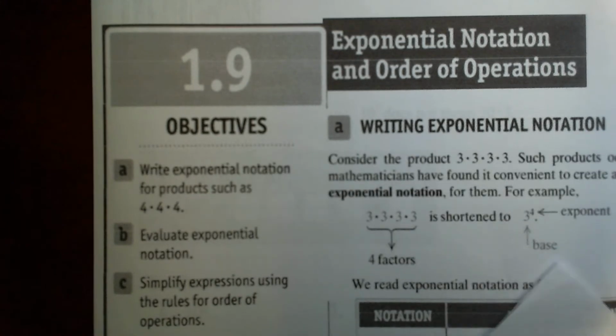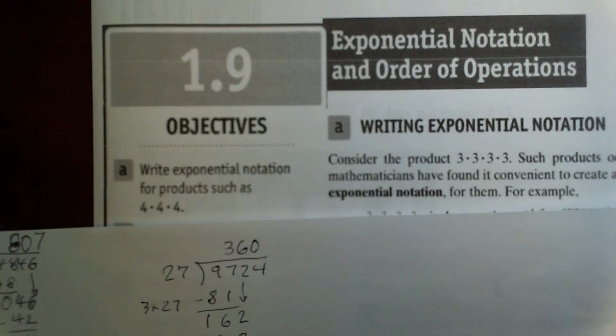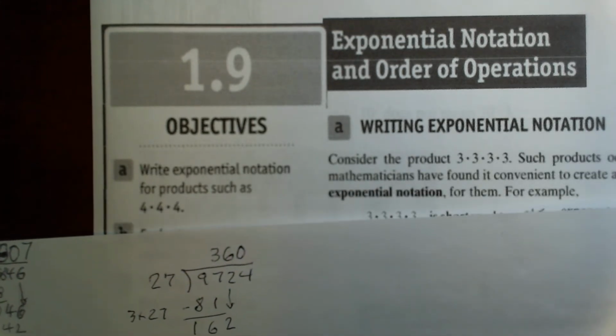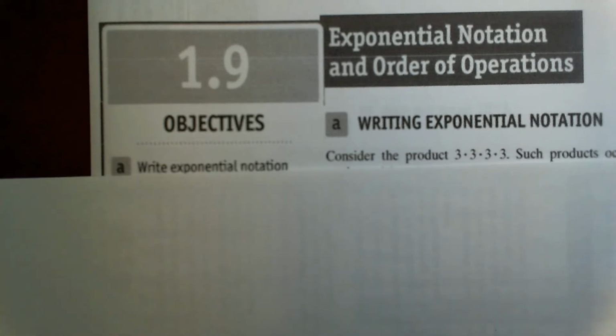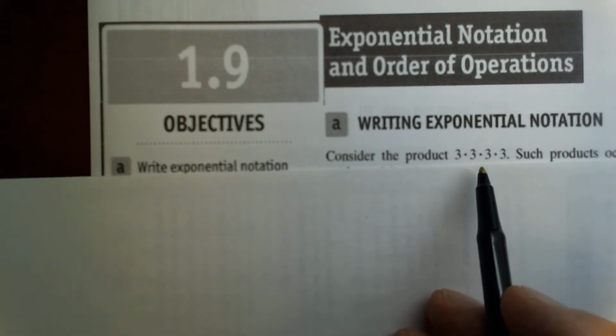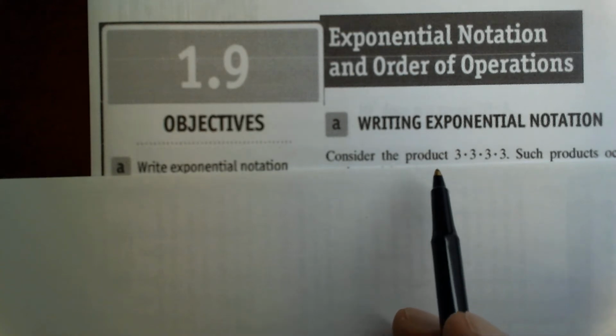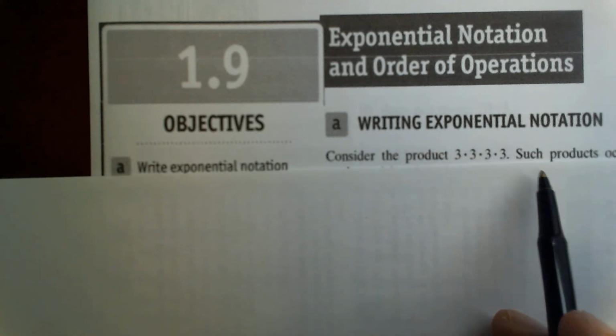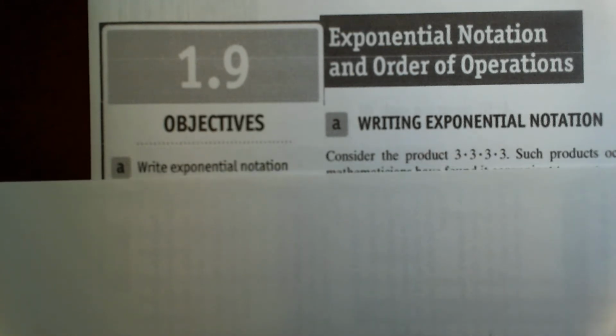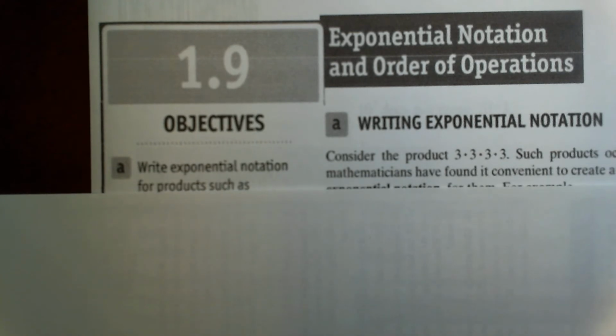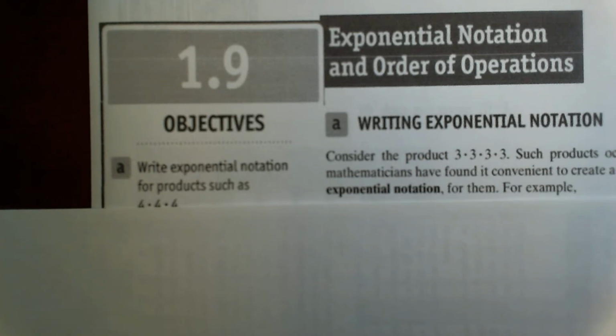When we look at, for example, the product of 3 times 3 times 3 times 3, this is what leads to exponential notation. They occur frequently enough in mathematics and physics and chemistry that we found a convenient shortcut, a notation called exponential notation.